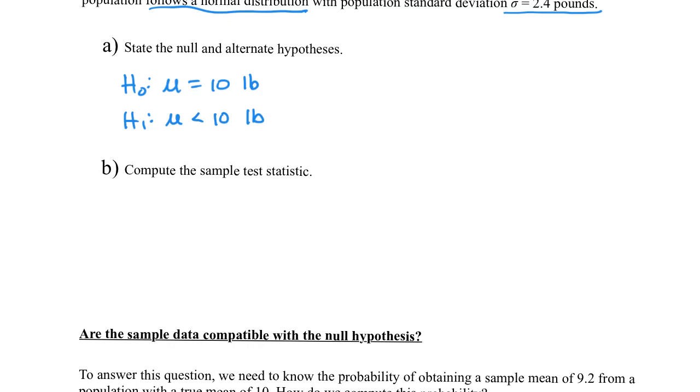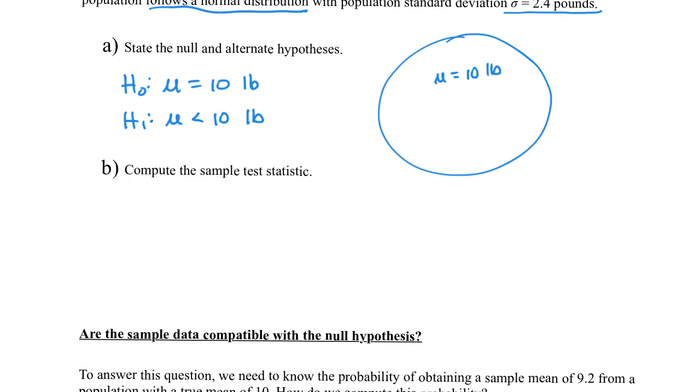So just to make another picture of what is going on here. The claim is that the mean equals 10 pounds. And just think of this population as being thousands of numbers. Each number represents the weight loss within the first month. And the claim is that the average of all these thousands of numbers is 10.